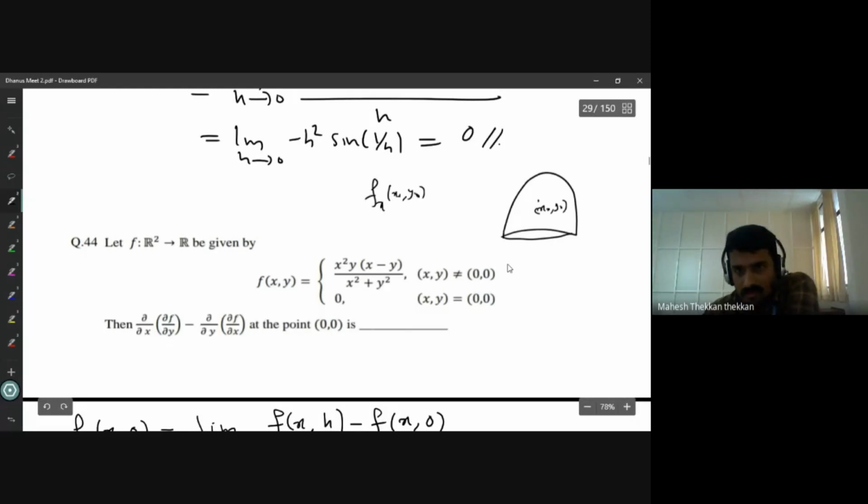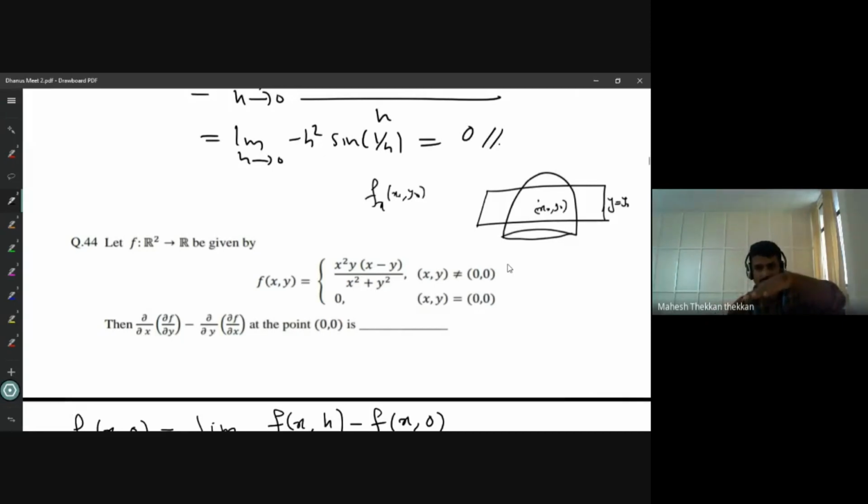We will consider a plane, the plane y equal to y naught, and consider the intersection of the three-dimensional object with y equal to y naught. Here you may get some curve in that intersection. Then we look at the slope of that curve at the point x naught y naught. That is the geometrical interpretation of the partial derivative at x naught y naught.